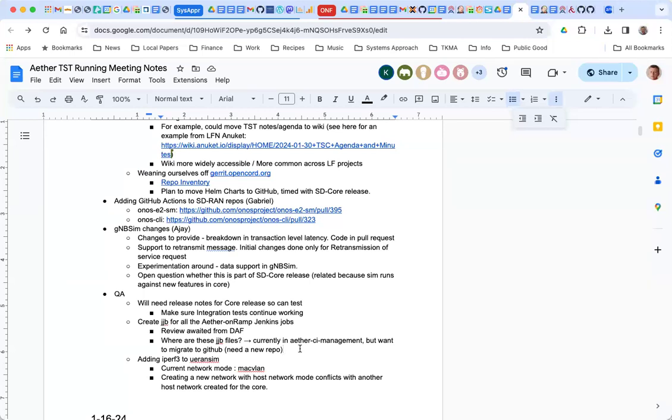The big question in my mind is, do we also then set up a new Jenkins, or do we have the old Jenkins know to pull from this new repo? I'm not quite sure how that aspect works. Let's start a discussion on Slack and make sure that DAF is included, and we'll come up with a plan for that. Sure.